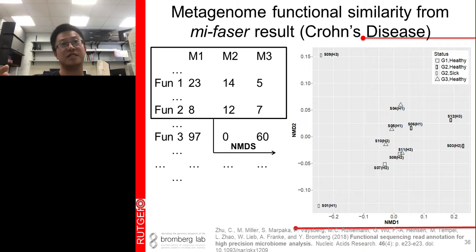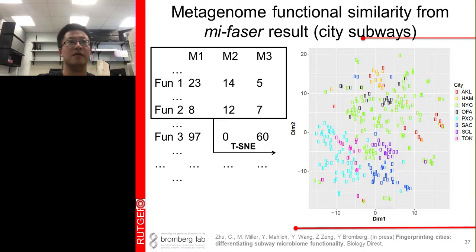And what is more interesting is that even between these 2 patients, their gut microbiome functions are very different, which indicates possible different mechanisms of Crohn's disease, pathogenicity, or how it reacts with the gut microbiome, and so on. This is also done by NMDS.